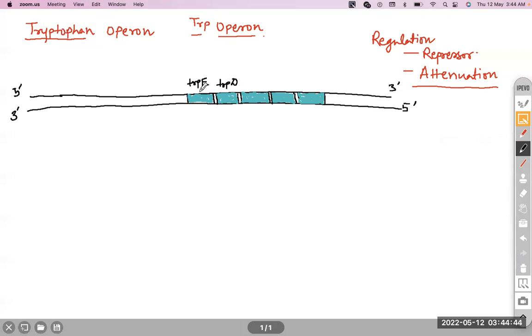Tryptophan capital E, TRP capital E, TRP capital D, ये सब जीन के नाम हो गए. TRP capital C, TRP capital B and TRP capital A.